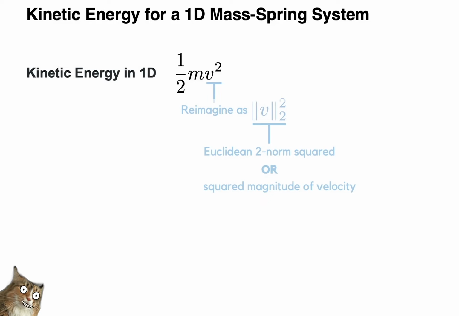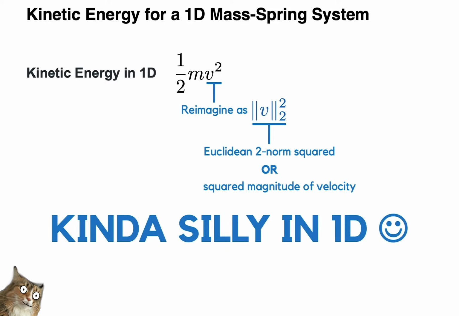We can reimagine this as the Euclidean 2 norm squared of the 1D velocity, or said another way, the squared magnitude. Now, this is not particularly useful in 1D, since v is a scalar, and all this extra notation just sort of obfuscates things. However, this formulation, using the 2 norm, makes the kinetic energy formula immediately applicable to higher dimensional systems.